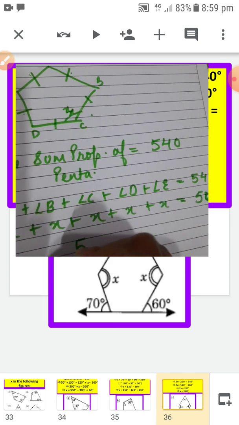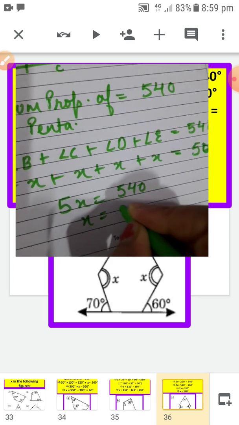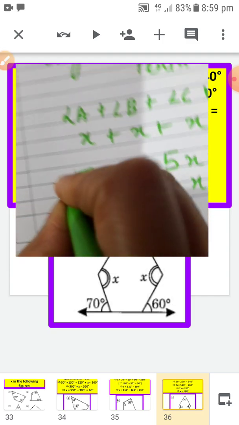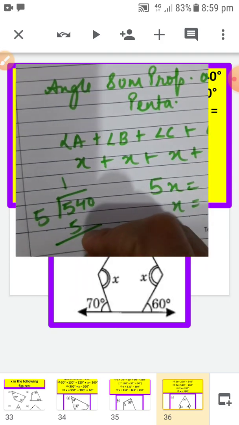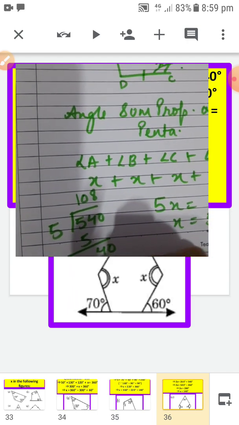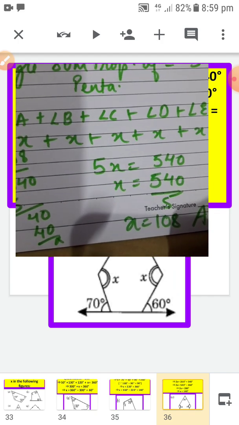It means 5x equal to 540. x equal to 540 divided by 5. So divide 540 by 5, it gives 108. So x value is equal to 108. This will be your answer.